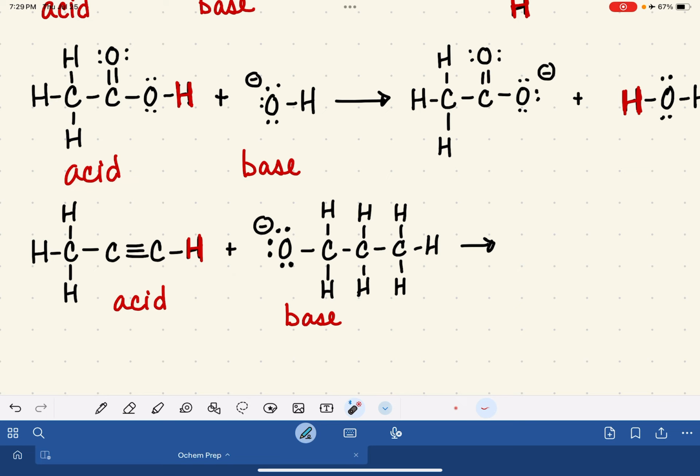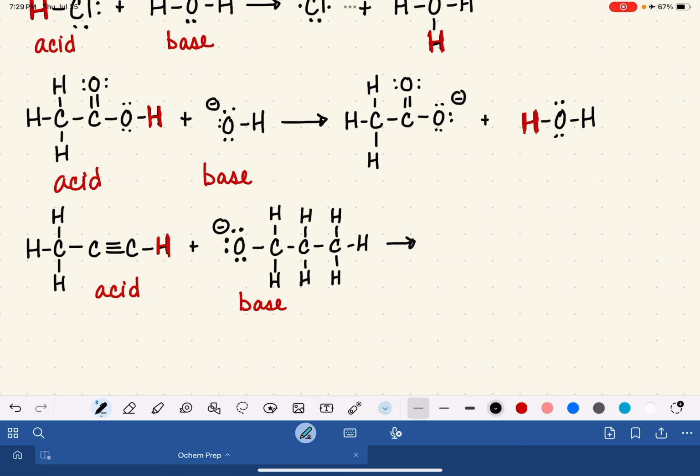So let's begin by drawing what this molecule looks like after it has been deprotonated. Remember, all that we're going to be doing is removing that last hydrogen, that red hydrogen, and it is leaving as a proton, as an H+ ion, which means it's not taking any electrons with it.